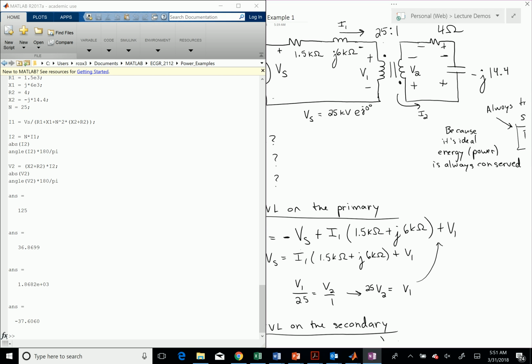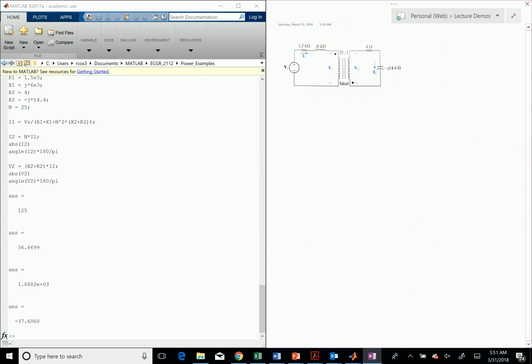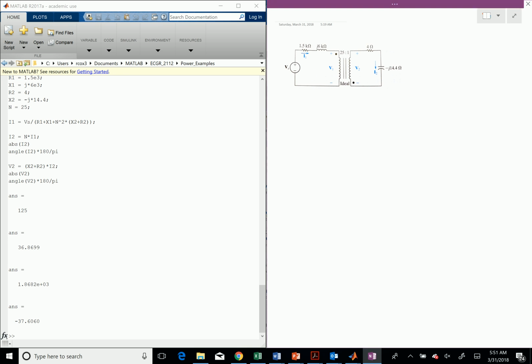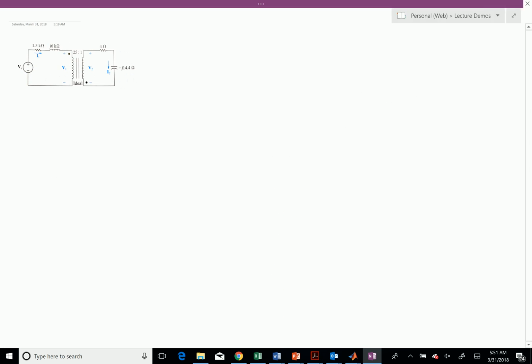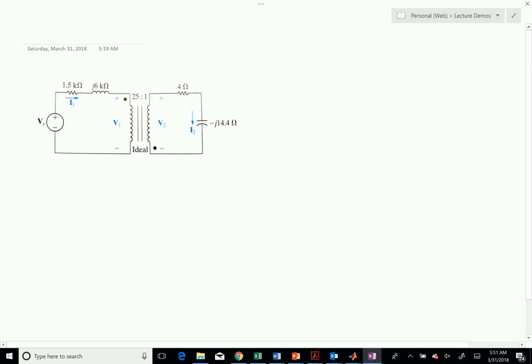Now I'm going to try to approach this problem a different way, okay? So this is the problem I actually took from another textbook, the original problem, okay? So you can see all the component values here are the same, okay?